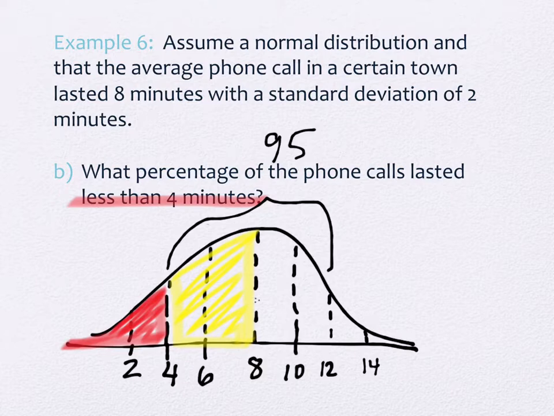Okay, so 95, and it should be halved, right? This is my yellow part. It's 47.5. So the part in yellow is 47.5. How can I use the fact that the part in yellow is 47.5 to find the part in red? Is it again half of that one? Nope, not half.